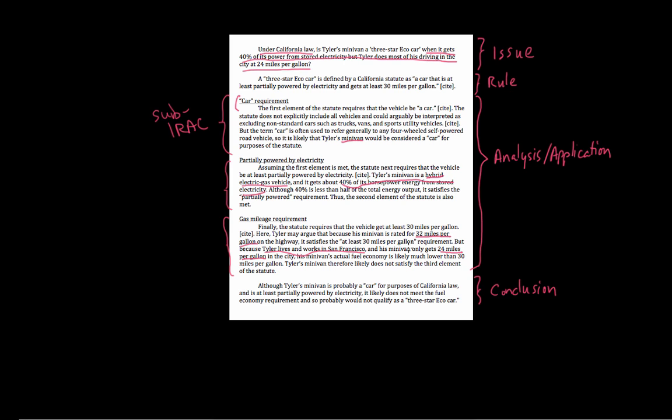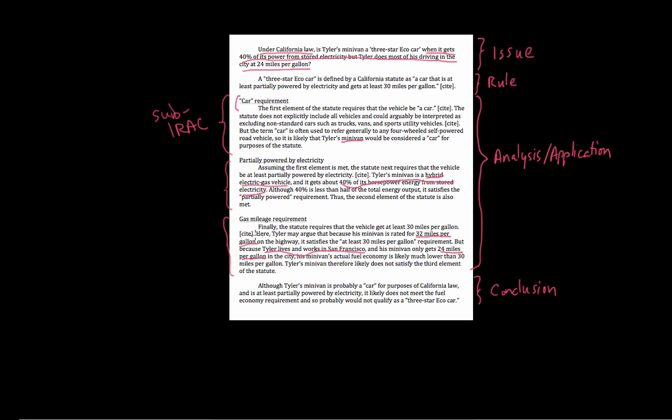But we apply that judgment to the specific facts. The specific facts are the vehicle gets 32 miles per gallon highway, Tyler lives and works in San Francisco, and the minivan gets 24 miles per gallon in the city. So by applying our common sense judgment to these specific facts, we reach our conclusion for this sub-issue. The minivan therefore likely does not satisfy the third element of the statute.